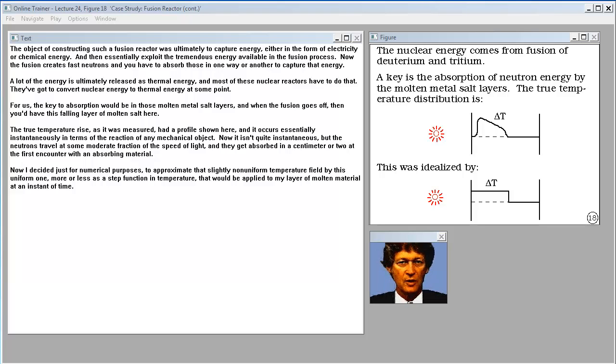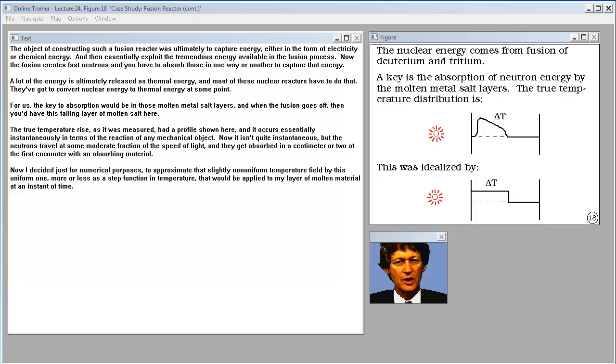The object of constructing such a fusion reactor was ultimately to capture energy, either in the form of electricity or chemical energy, and then essentially exploit the tremendous energy available in the fusion process. Now, the fusion creates fast neutrons, and you have to absorb those in one way or another to capture that energy.